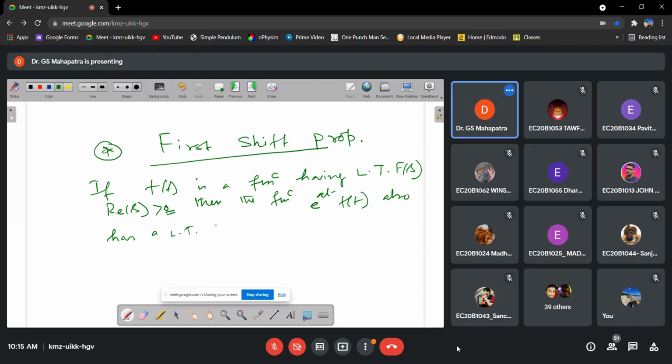So what is the Laplace transform? That means you have to find the Laplace transform of e to the power at f of t.